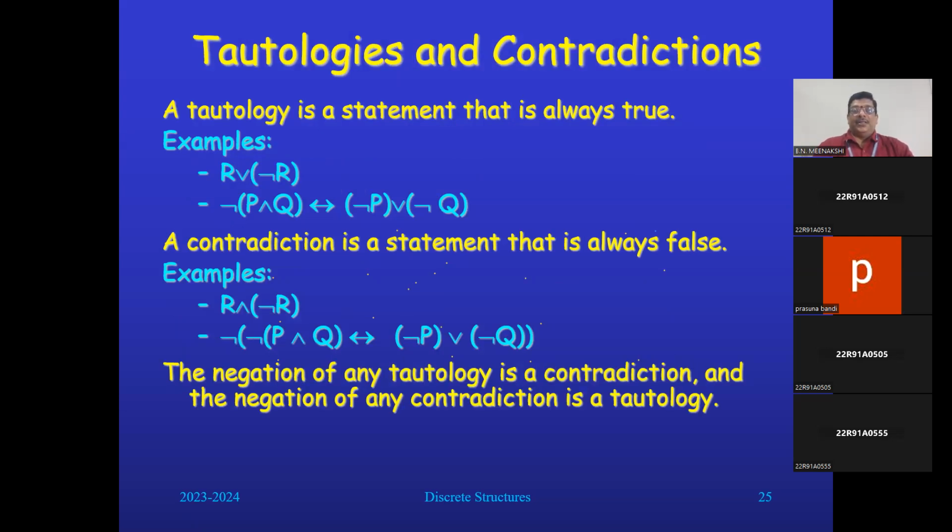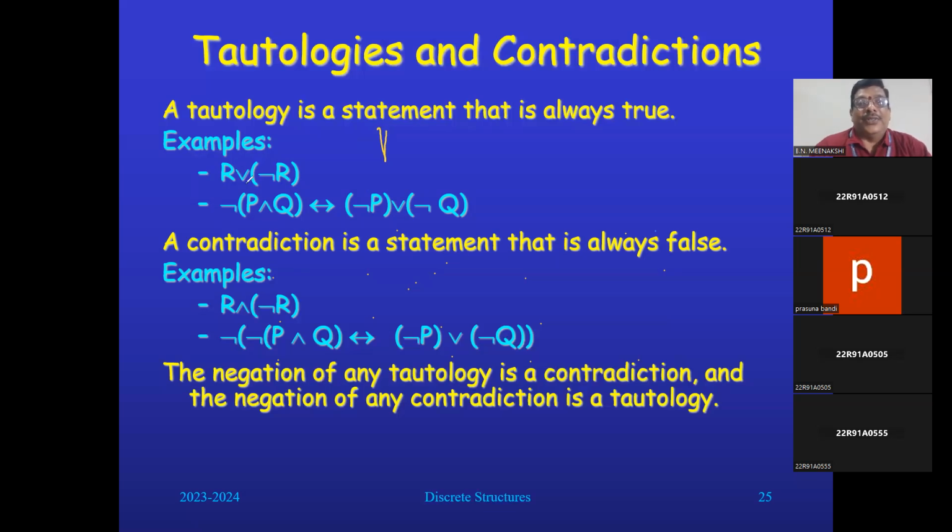Let's take an example: R disjunction negation of R. If R is true, then negation of R is false.